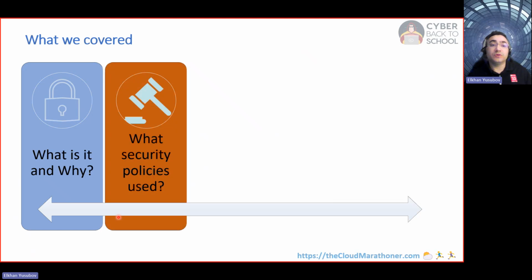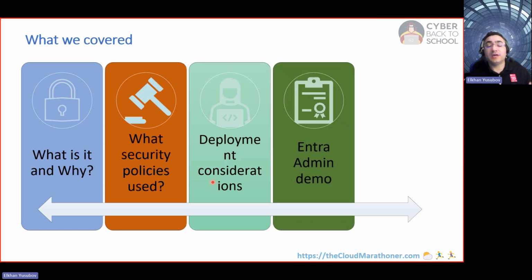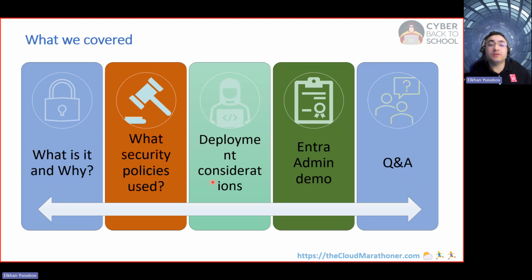Then we looked into what security policies are used in that security default. Next, we looked into deployment considerations, what you need to take into account. And then we had a demo on Entra admin portal with the Azure security defaults and the settings on the user groups and as well as devices. And finally, there's a Q&A where you can put the questions and get them answered.